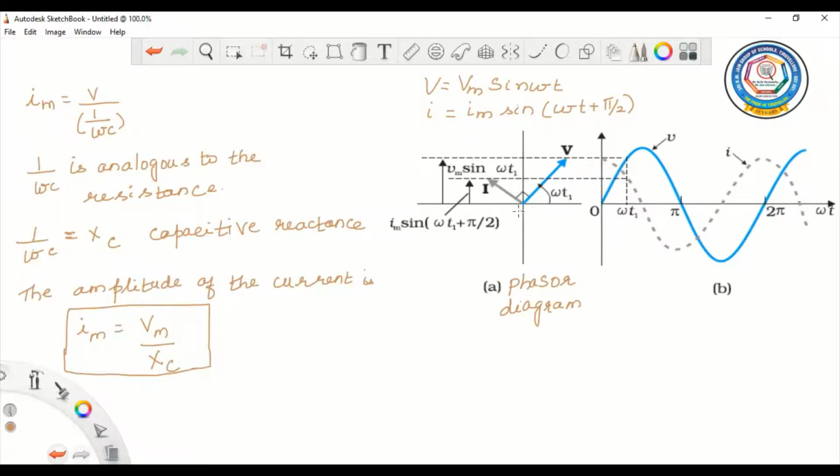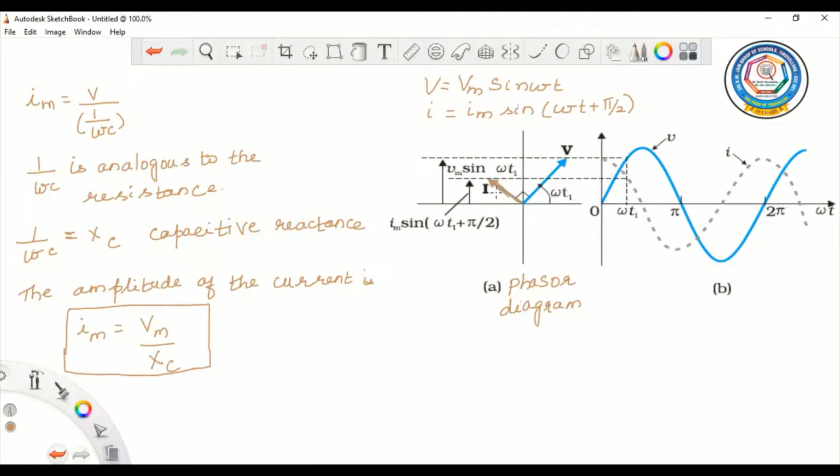From this diagram we can very well say that this is the phasor diagram at an instant t1. This part is the current.